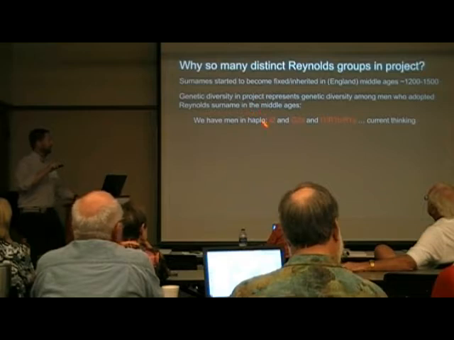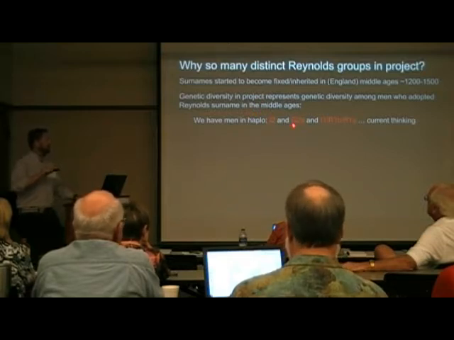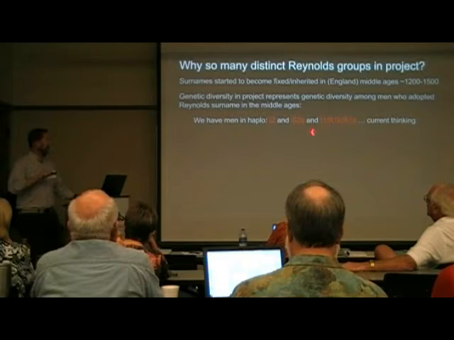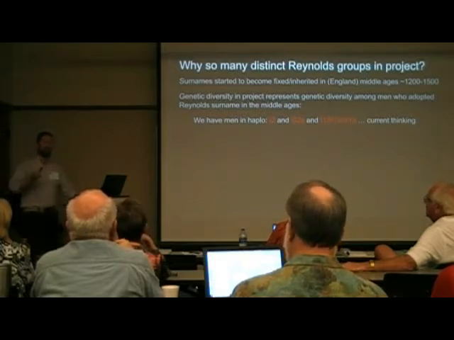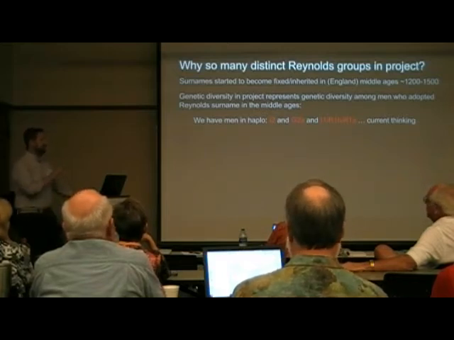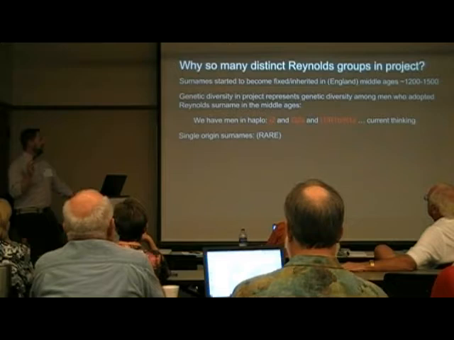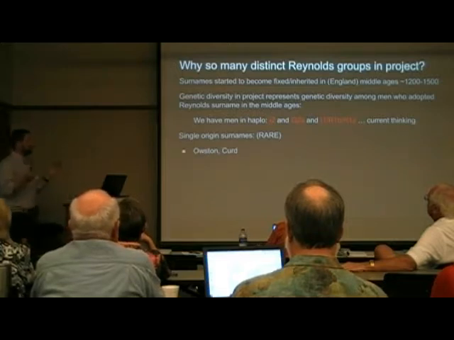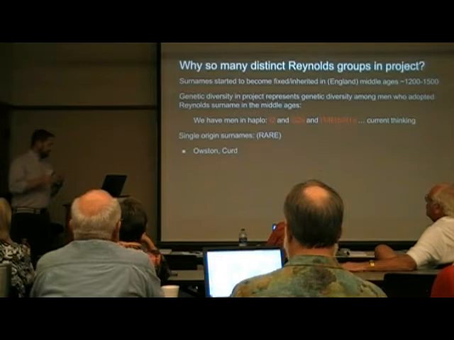We have at least one Reynolds, if I remember, from this group. We have lots of Reynoldses from these groups. We have Reynoldses from Group E and other groups that aren't even covered here. But that can help understand the huge variation. So there's a lot of variation in the surname Reynolds. That relates to how the name was taken up.